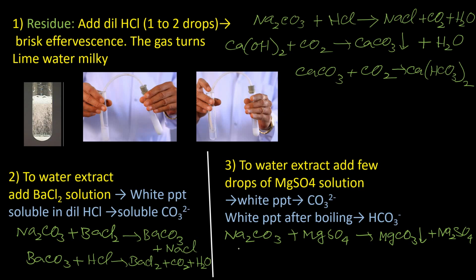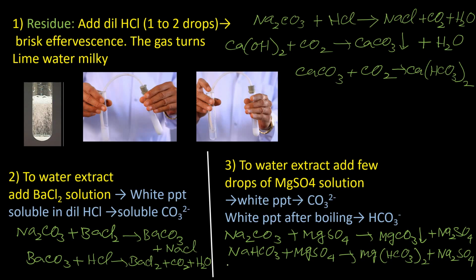So if you take the bicarbonate, NaHCO3 plus magnesium sulfate, if the bicarbonate is present, then you will get magnesium bicarbonate plus, as usual, sodium sulfate, right? But it is soluble.